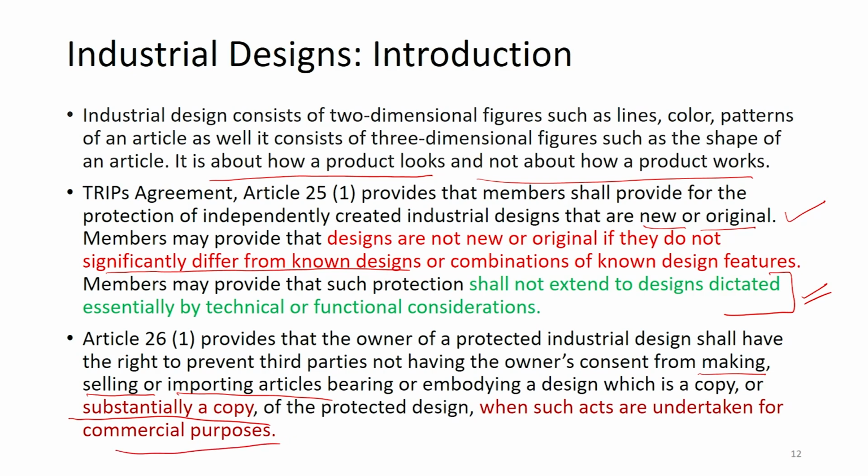So, what becomes very clear by virtue of Article 26(1) is that the rights of making, selling or importing articles bearing the design are exclusive rights of the owners of designs. There are three rights: right to make, right to sell articles bearing the design, and right to import articles bearing the design.